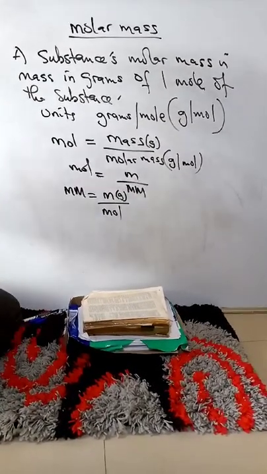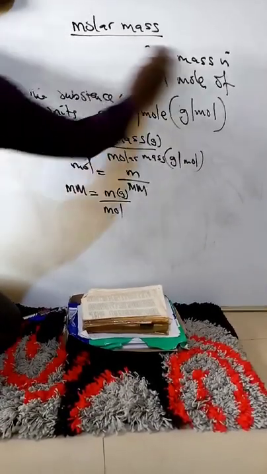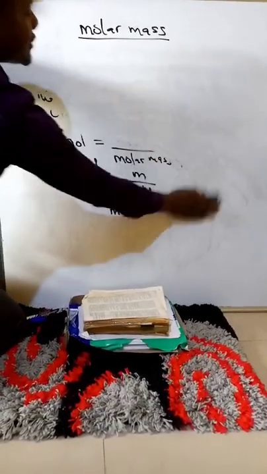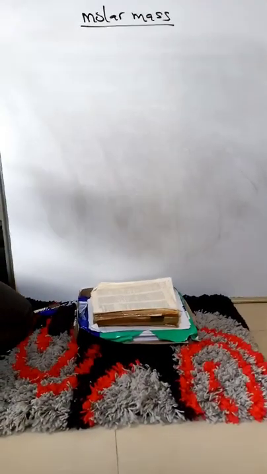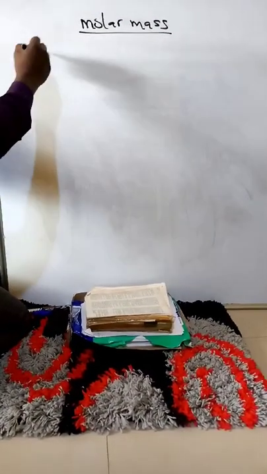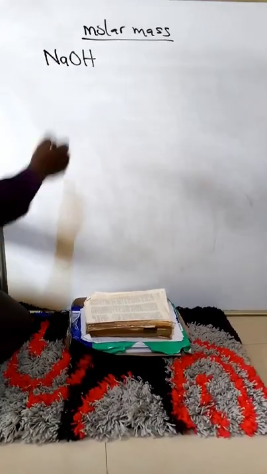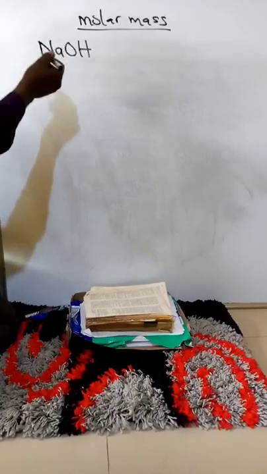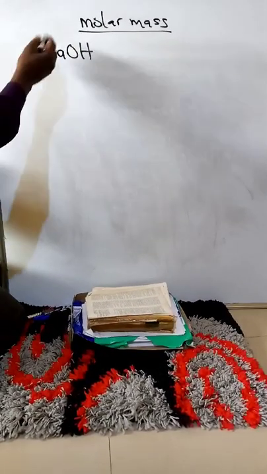Then now we can calculate the molar mass of a substance or a compound, for example sodium hydroxide. We use the mass numbers from the periodic table.